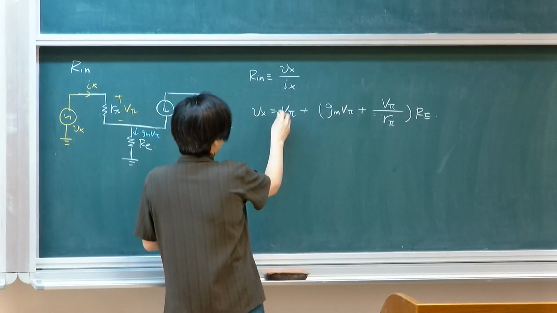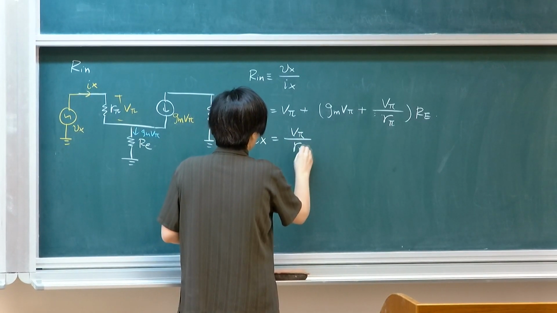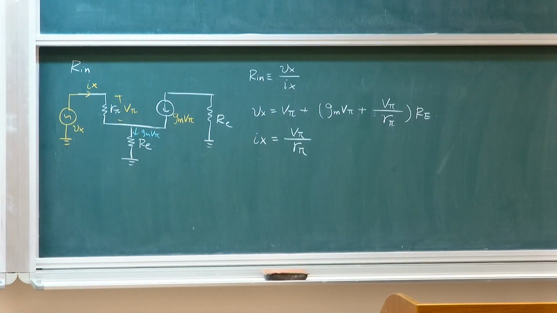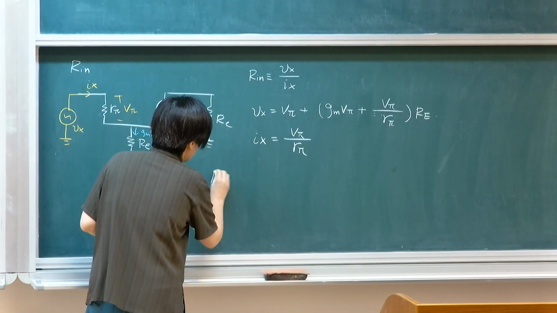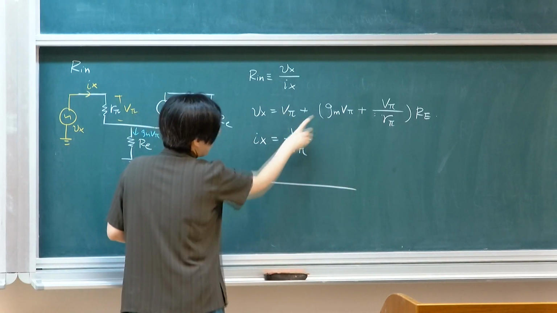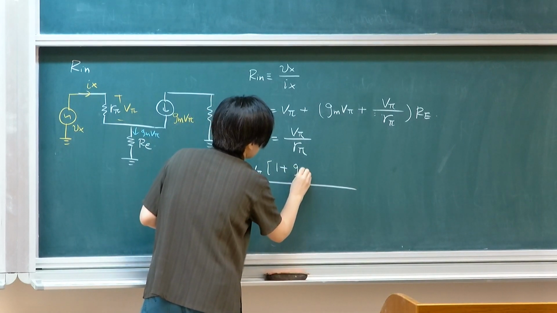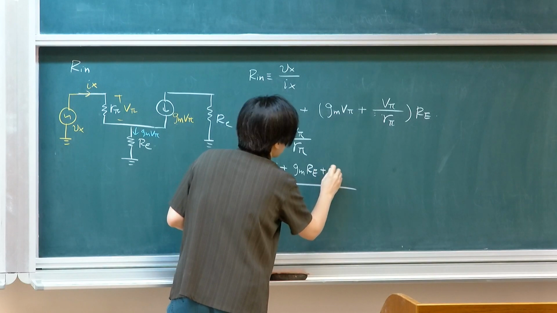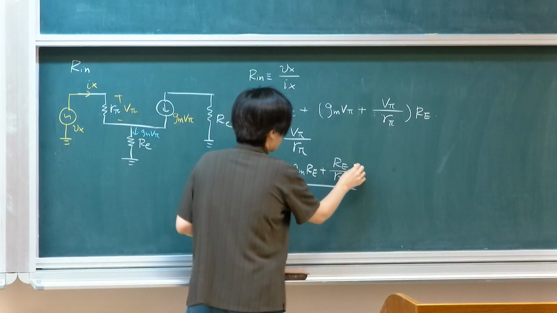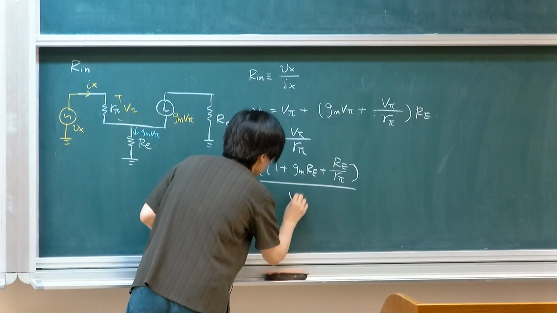So what is Ix? Ix is actually V pi over R pi. I could simply define this by having the voltage across. So then your input resistance will be Vx, taking out all the V pi, you'd have 1 plus gm RE plus R pi RE, and for the bottom it is V pi.